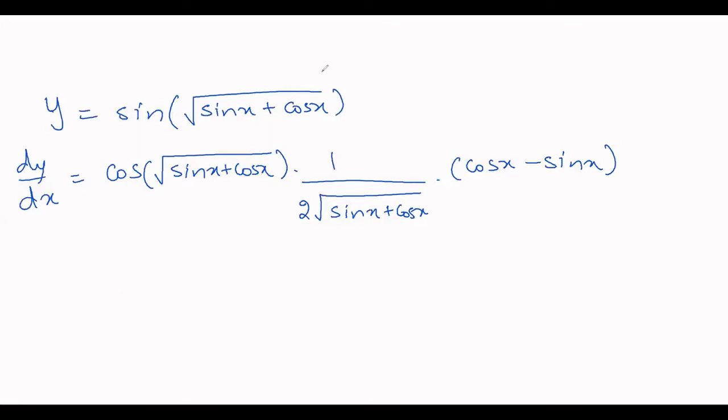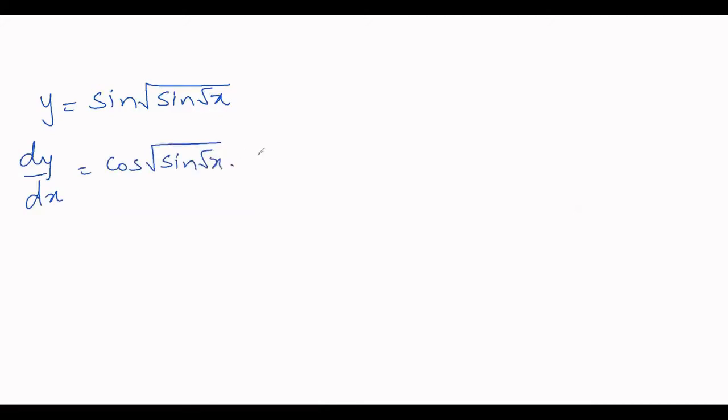Next question. y is equal to sine of square root of sine root x. So let's do this step by step. dy by dx, differential of sine is cos. So cos root of sine root x into differential of root x is 1 by 2 root x. In this case, 1 by 2 root sine root x into differential of sine is cos.